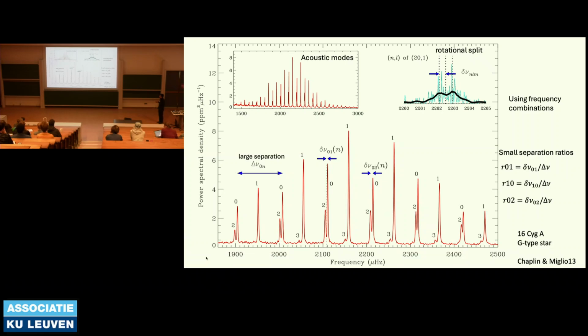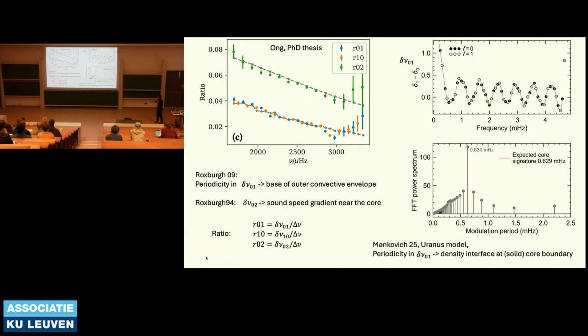As I can show here, here are the three R ratios for this kind of solar-type star. You can see this R01, R10 line, there are some wiggles. Actually, this periodicity in the small separation ratios R01 is closely related to the glitch features in the star.